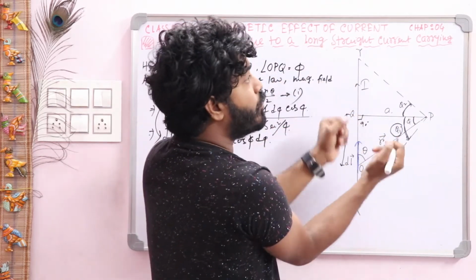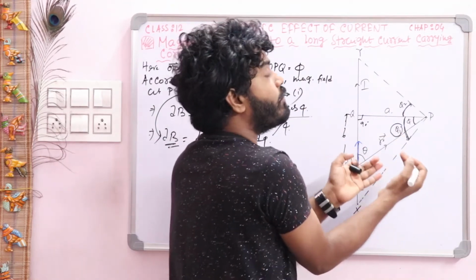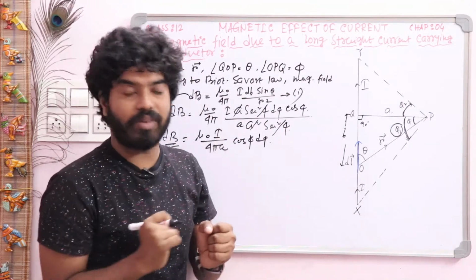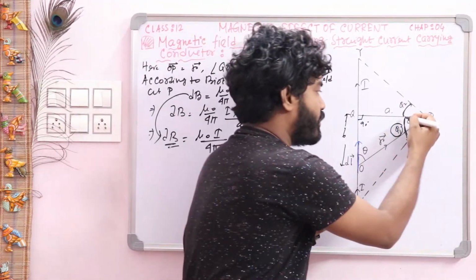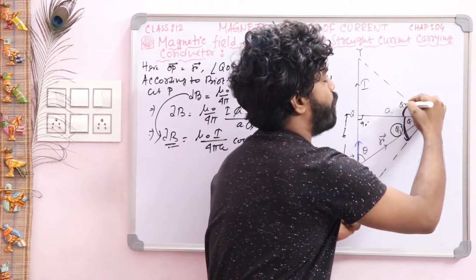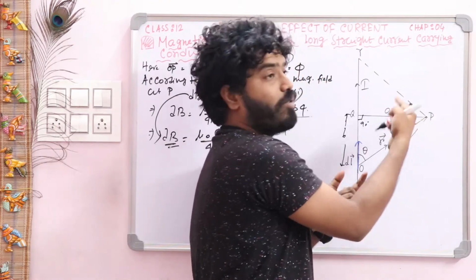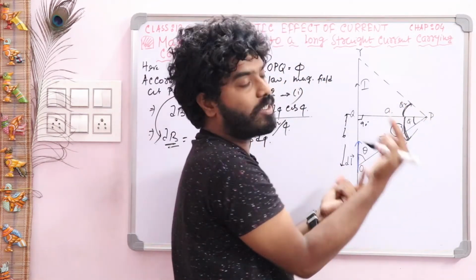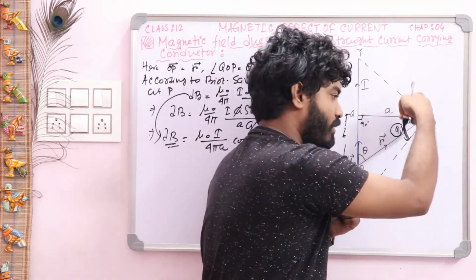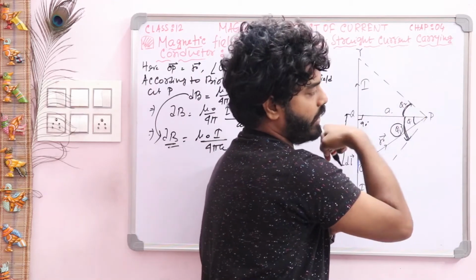So when we use the integration, the lower limit is phi 1 and the upper limit is phi 2, but the lower limit is not phi 1, it is minus phi 1. Why? Because this one is the negative direction, downward, and this one is the upward direction. So here phi 1 is negative. You can also take phi 2 as negative, then phi 1 is positive. I am writing here phi 1 is negative because this is the downward direction, and phi 2 is positive because this is the upward direction.